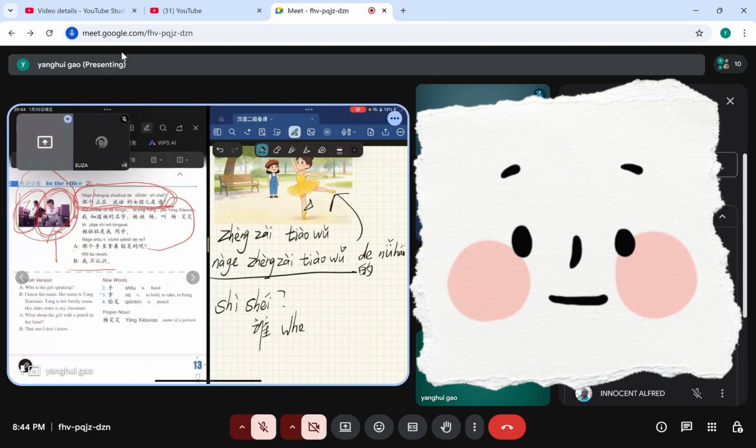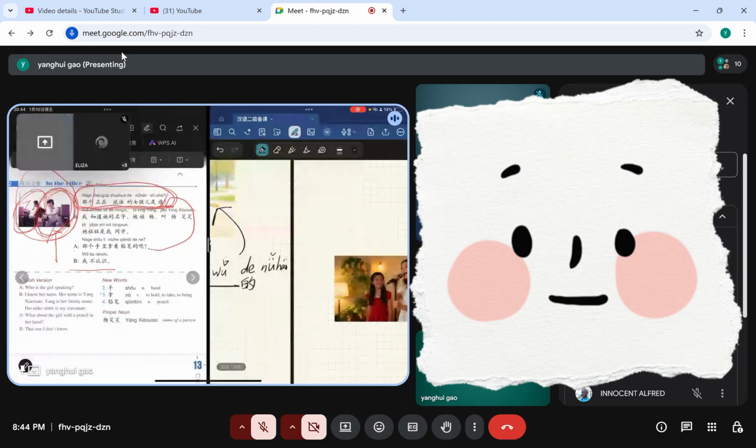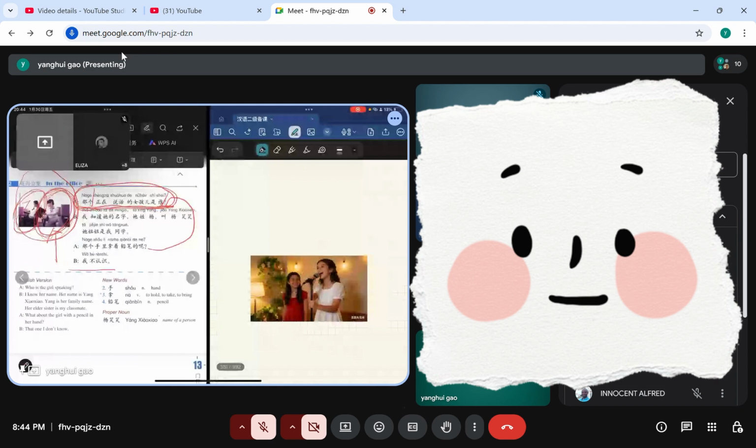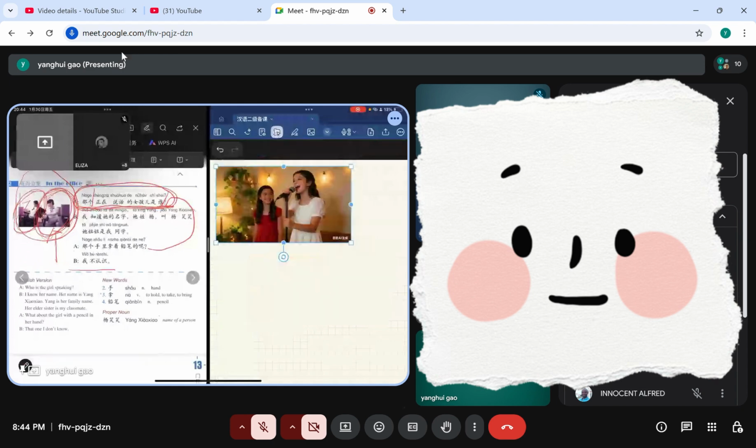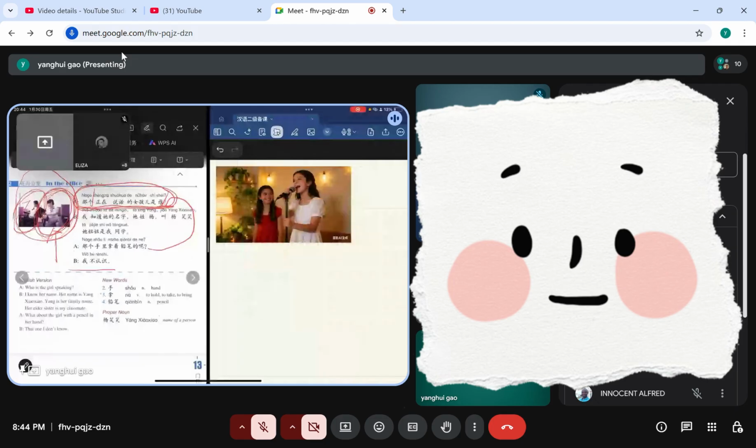Okay, the last exercise. Look at this picture. There are two girls in the picture.